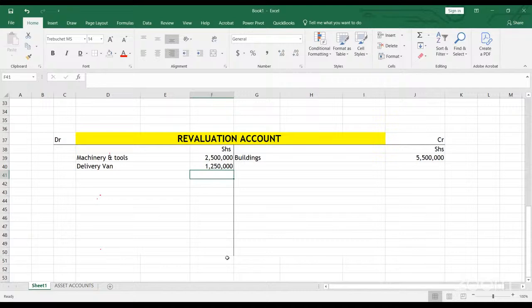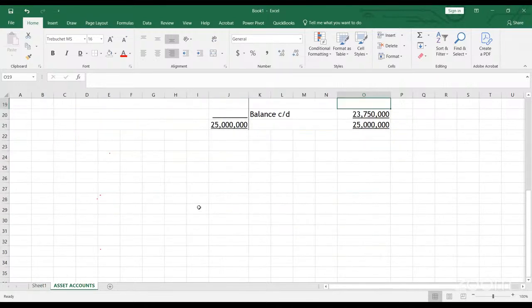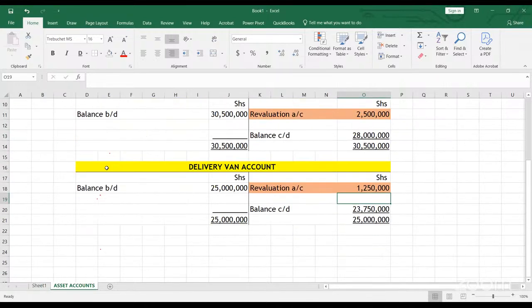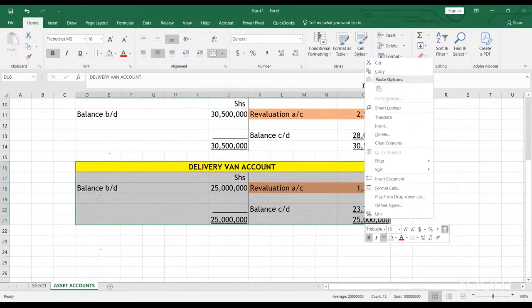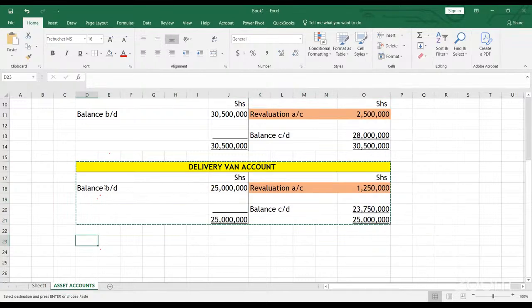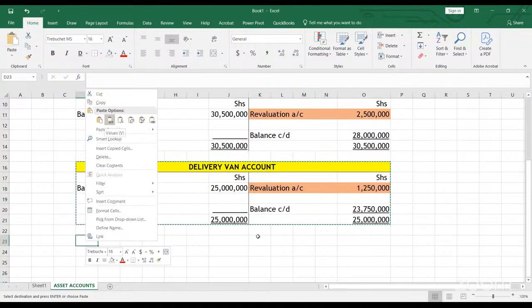What else was revalued? Investments. The investments were also revalued. You have to prepare those accounts for all the assets that were revalued.